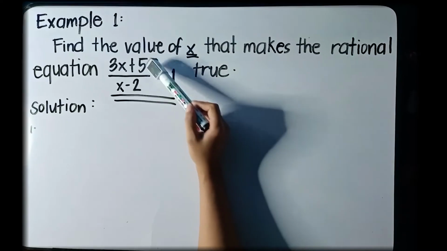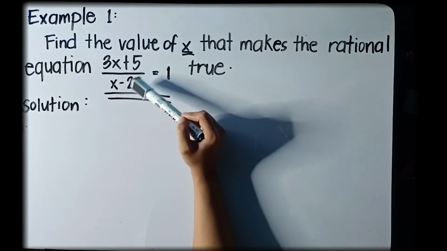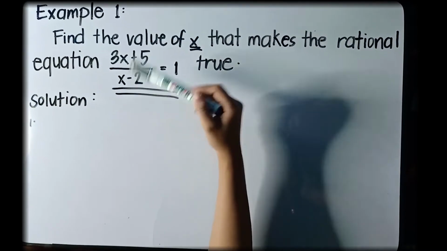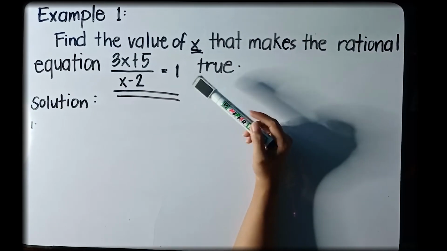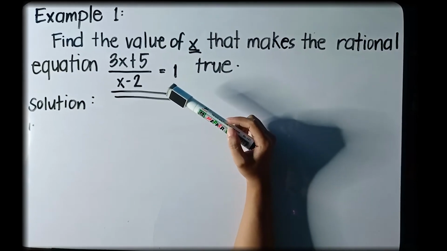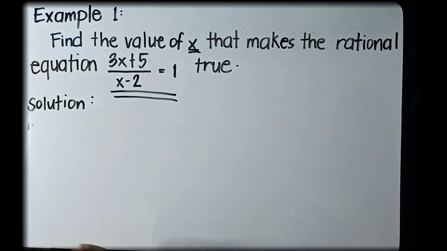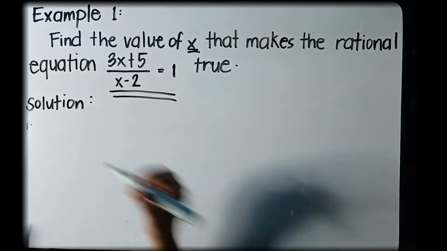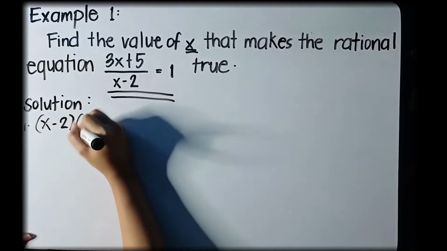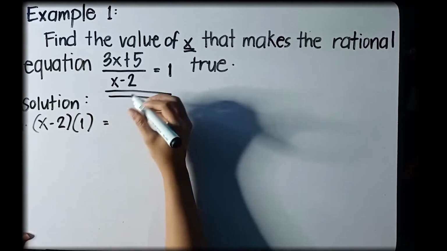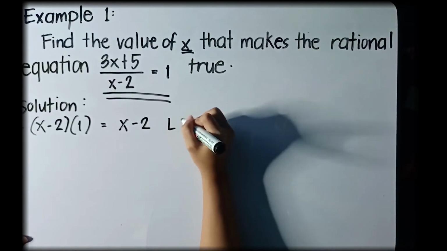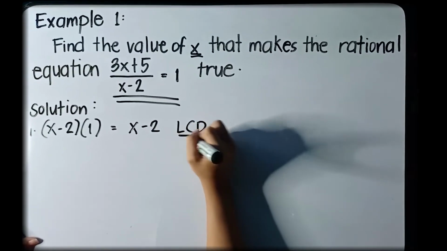We have here the first fraction with denominator x minus 2, and on the right side, we have 1, which has a denominator that is also 1. So our LCD will be x minus 2 times 1, which is also equal to x minus 2. So this is now your LCD.